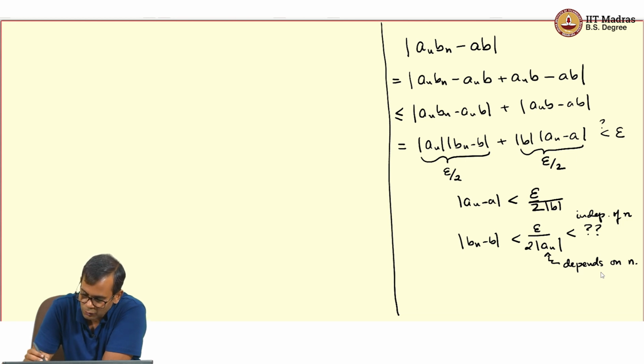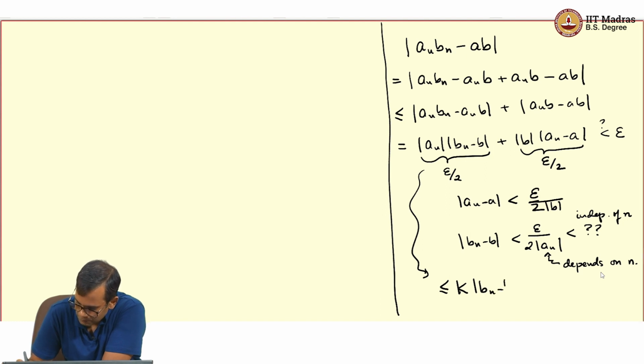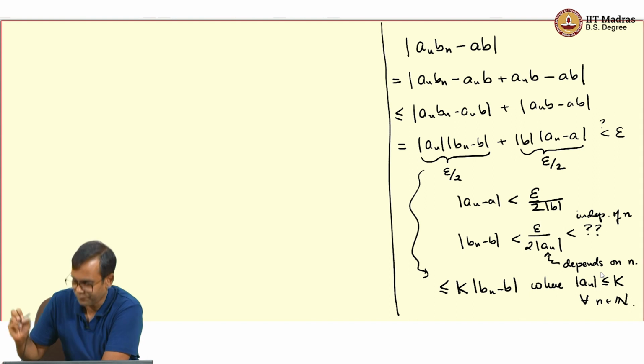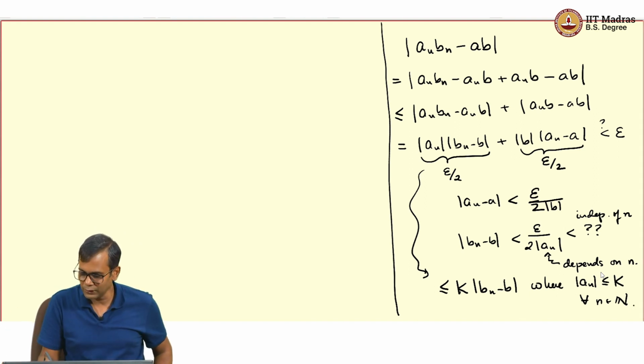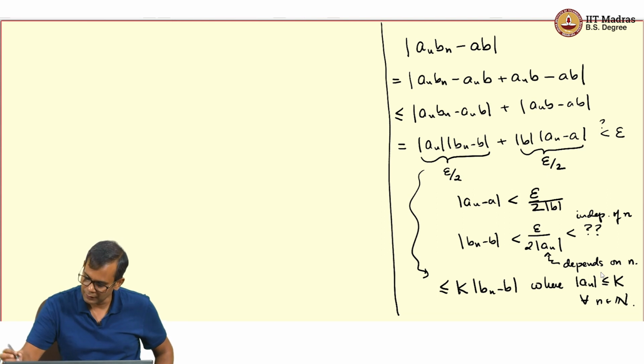Since the sequence a_n is convergent, we could say that this term is less than or equal to k times the absolute value of b_n minus b, where k is a bound for a_n for all n in N. So now we know what to do. Instead of the absolute value of a_n, I can just put k.